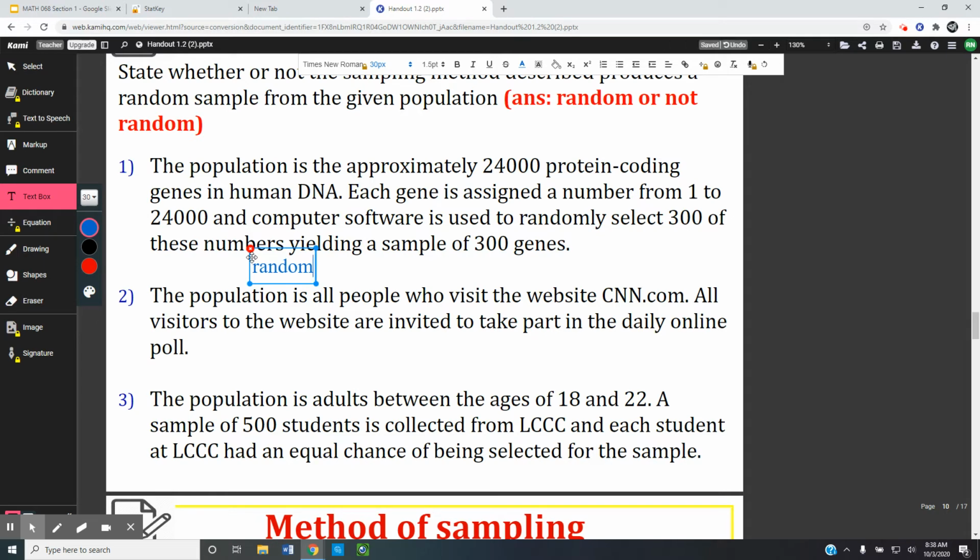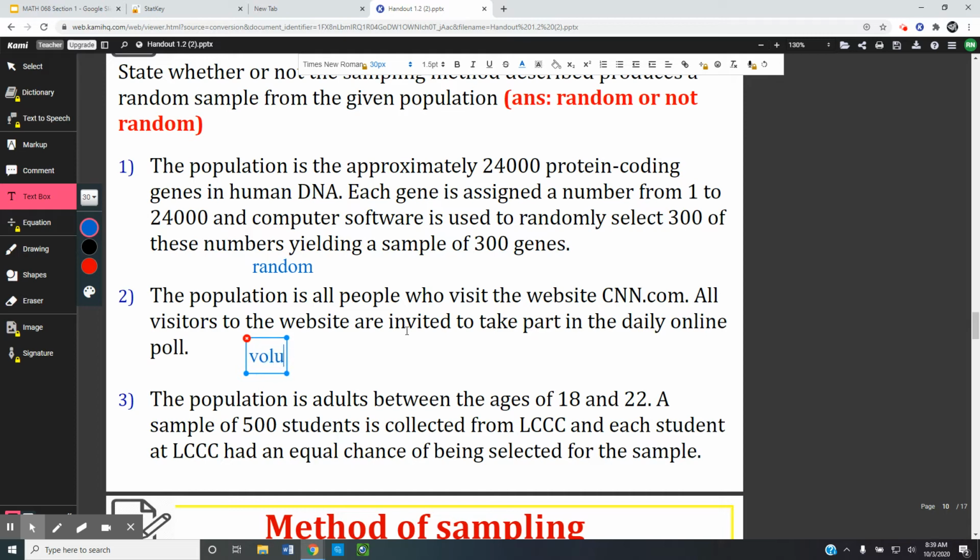The population is all people who visit the website CNN.com. All visitors to the website are invited to take part in a daily online poll. Okay, well, this one is going to be not random because we're just looking at the people who visit CNN, and people are invited, so it's a volunteer basis.